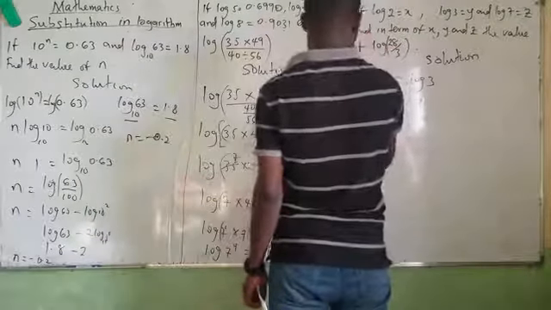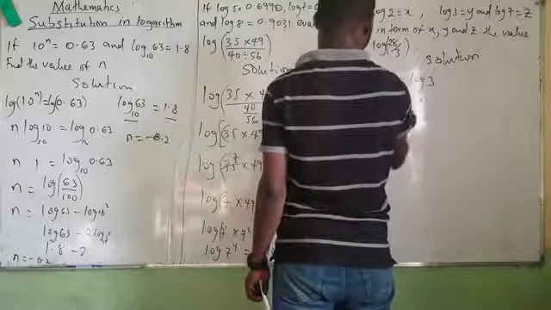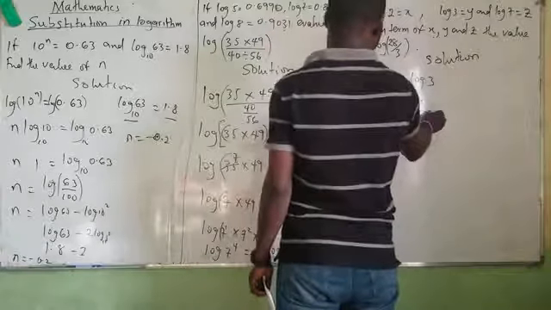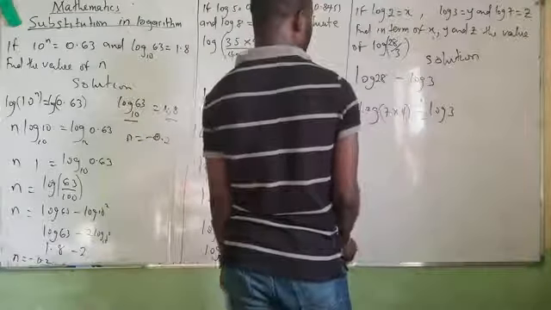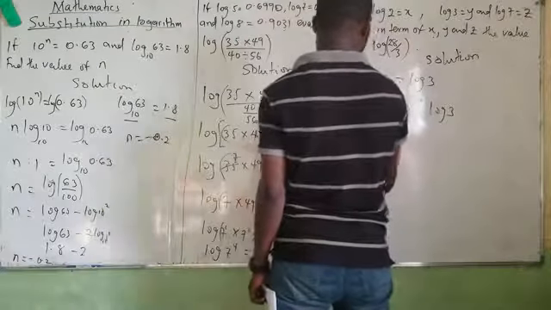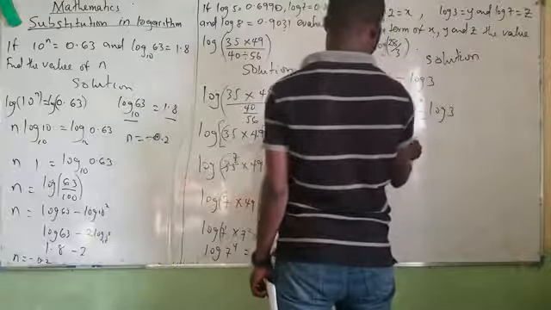Now log 7 multiplied by 4 is 28, minus log 3.